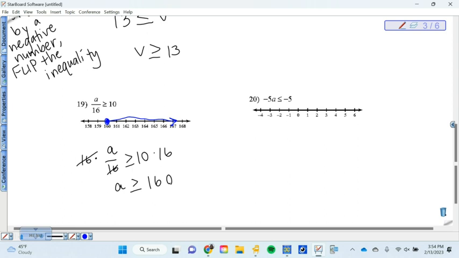So when my variables are on the left side, it goes the same direction. If the variables are on the right hand side, then it goes the opposite way of the inequality. If it's on the left hand side, it goes the same direction.